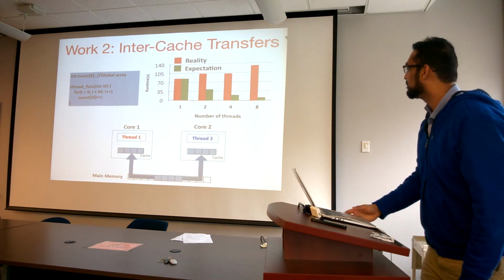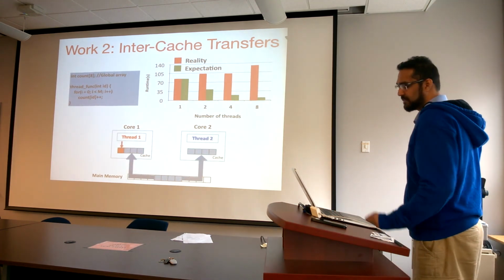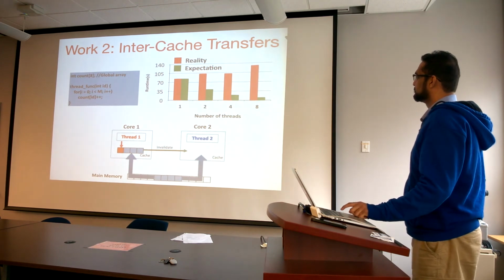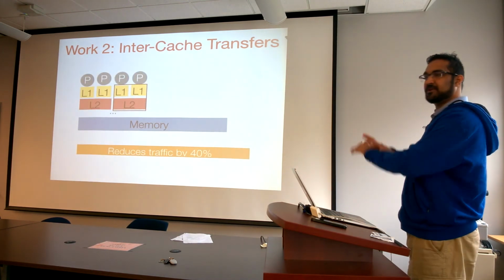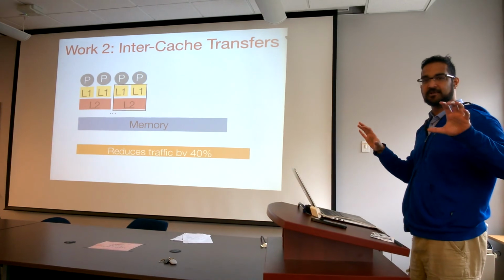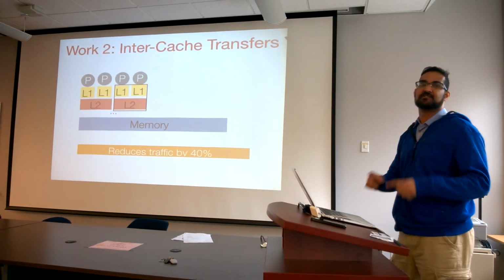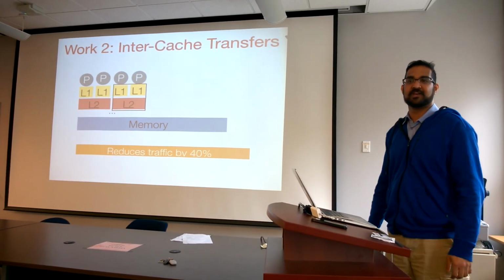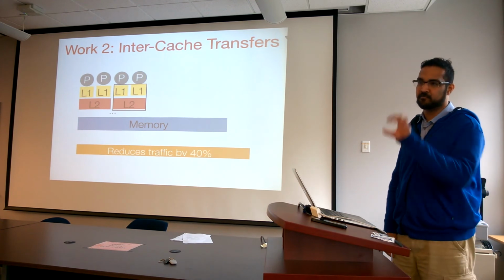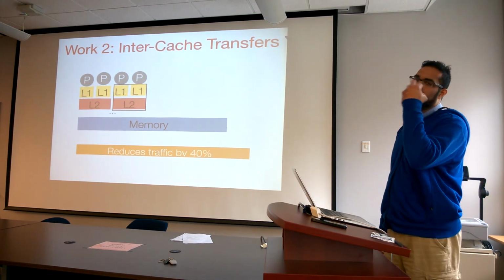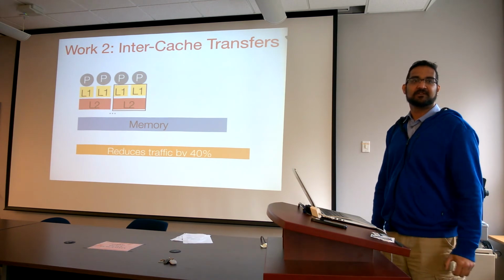The poor thing keeps bouncing back and forth. Each one kills the copy, and it keeps going back and forth. And so we have optimizations that take care of that for you by matching up with the object size, or whatever size we think you're actually accessing, not the whole thing.